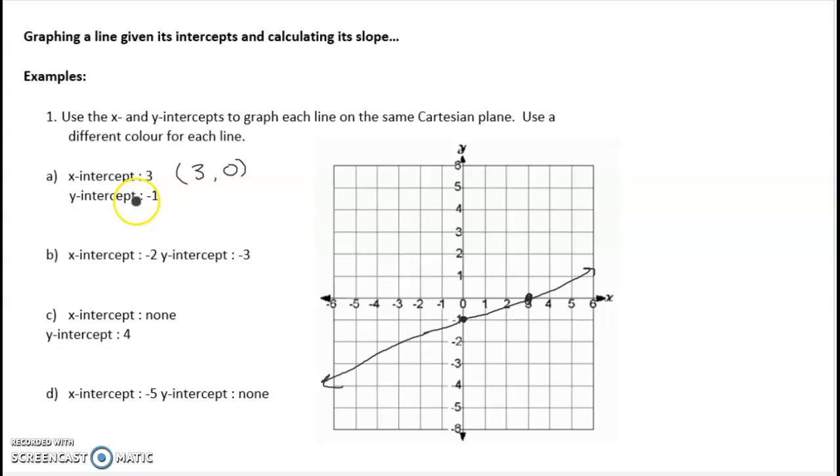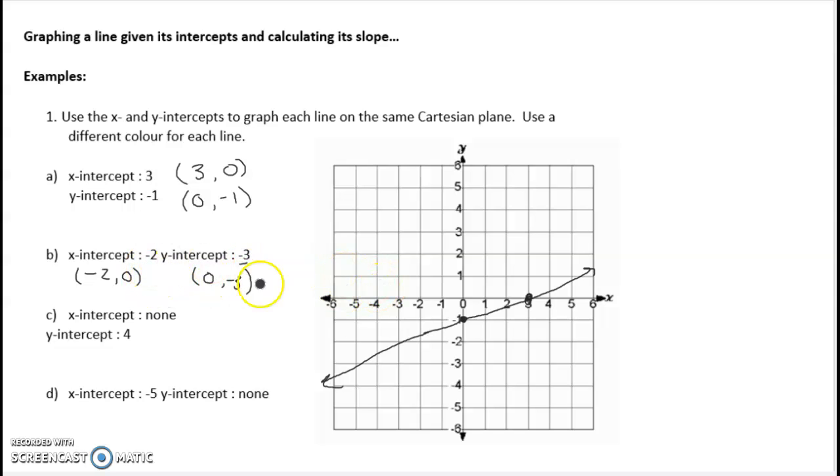The y-intercept was at -1, so over here x is 0 and y is -1. For the next one, the x-intercept is -2, so x is -2 and y is 0. And the y-intercept means x is 0 and y is -3.